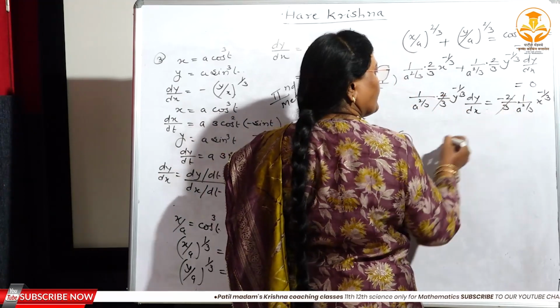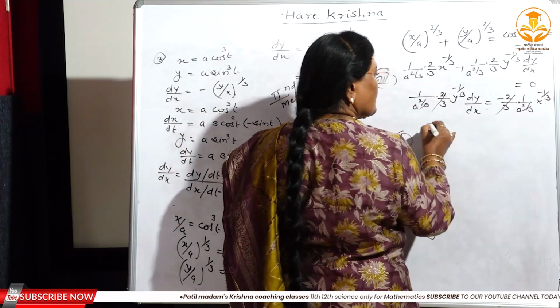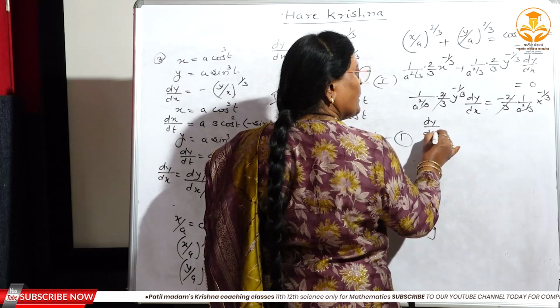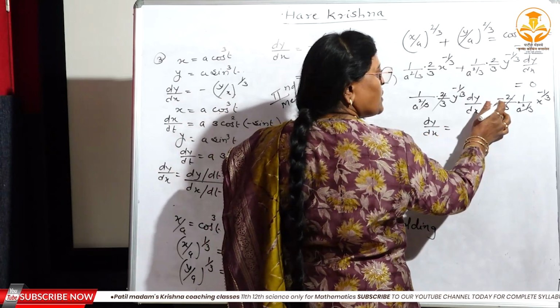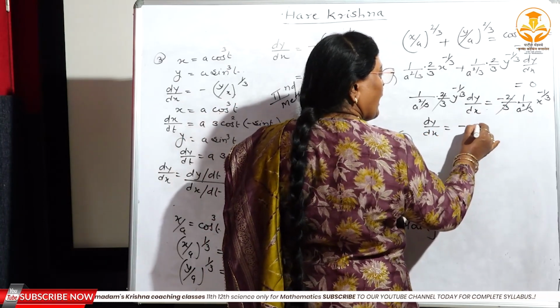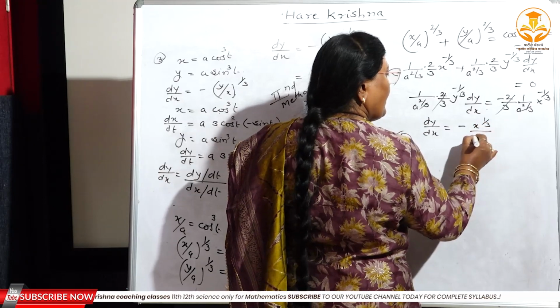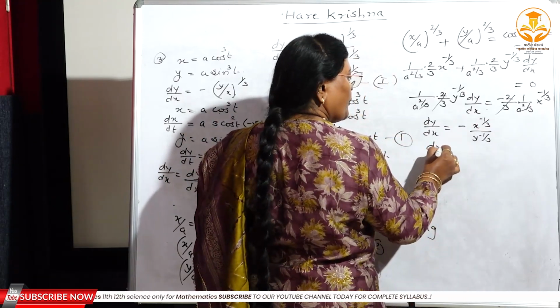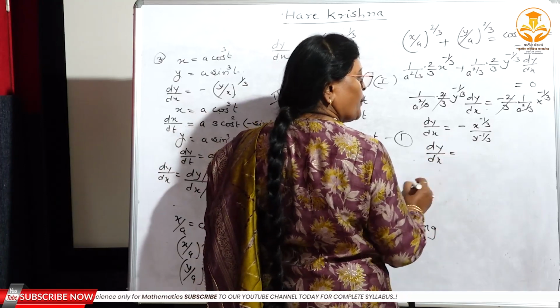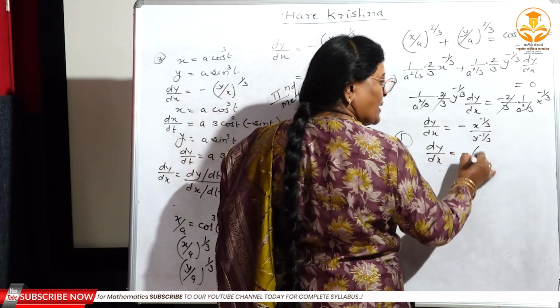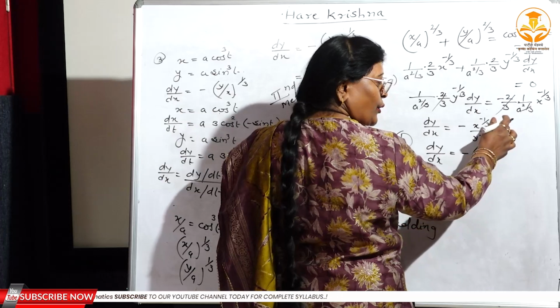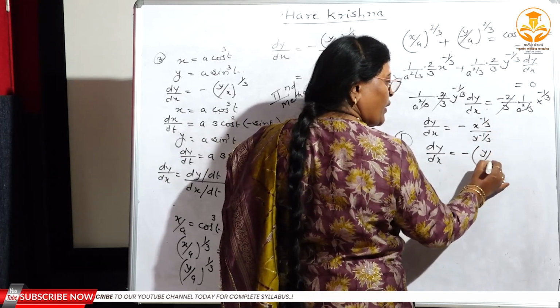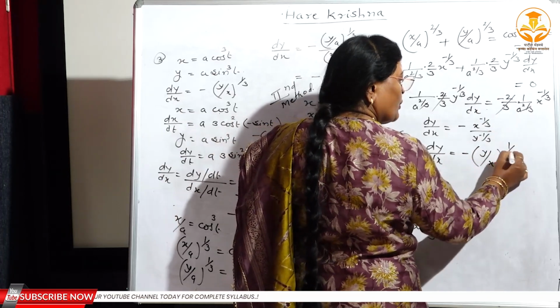Again 2 by 3 gets cancelled, this gets cancelled, dy by dx is equal to minus x to the power minus 1 by 3 divided by y to the power minus 1 by 3. Right? Therefore the negative index you can convert into positive, minus sign remains as it is. So this take in the numerator, this take in the denominator, you have got (y by x) whole to the power 1 by 3.